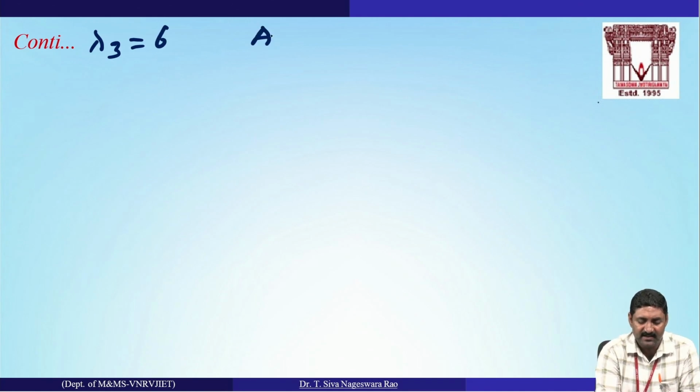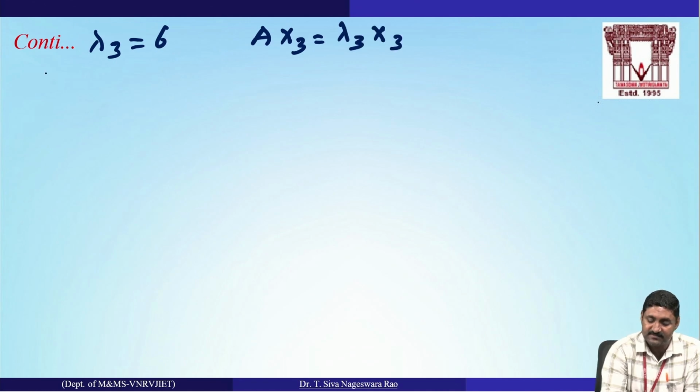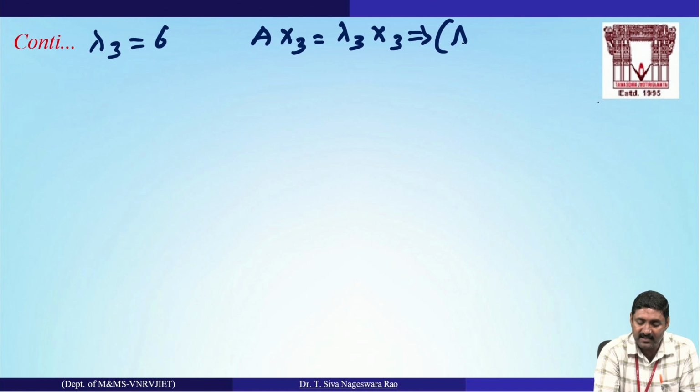Now we are going to find the eigenvector corresponding to the third eigenvalue, lambda 3 is equal to 6. Here, A x3 is equal to lambda 3 x3. From this, we write A minus lambda 3 I multiplied with x3 is equal to 0.